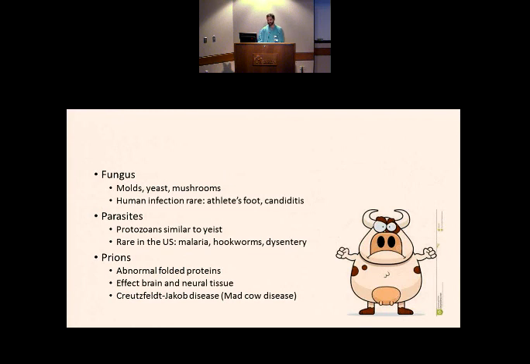And then prions, which are abnormal proteins, and those pretty much affect brain and neural tissue. An example of these is Creutzfeldt-Jakob disease, which is kind of the human version of mad cow disease.